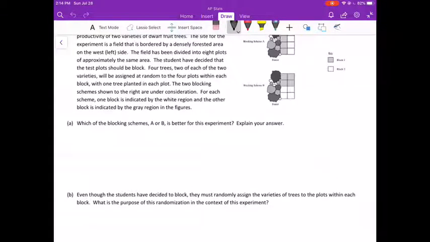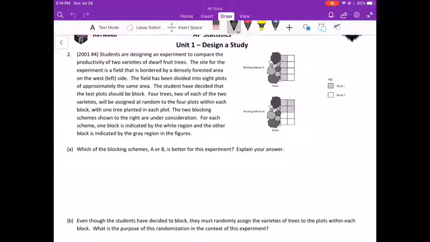The students have decided that the test plots would be blocked. 4 trees, two of each of the varieties, will be assigned at random to the 4 plots within each block, with 1 tree planted in each plot. The 2 blocking schemes shown on the right are under consideration.